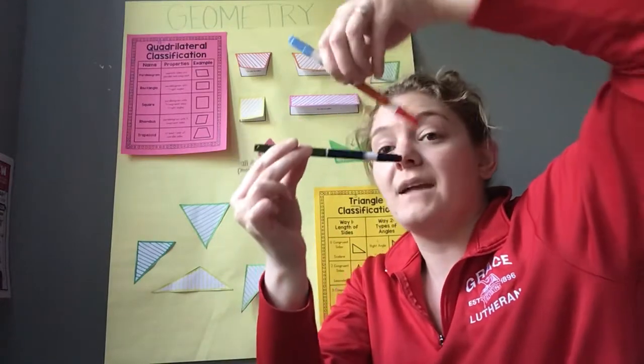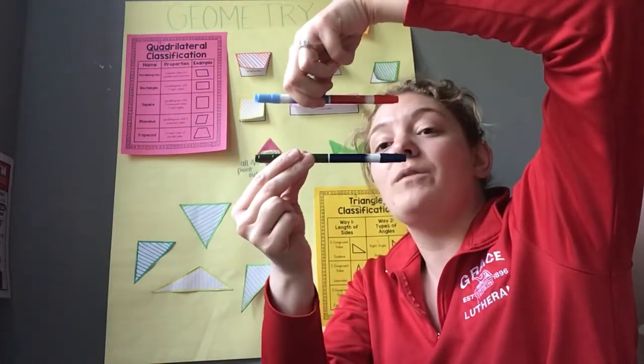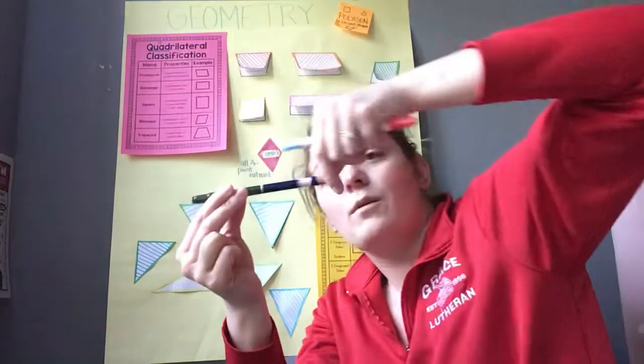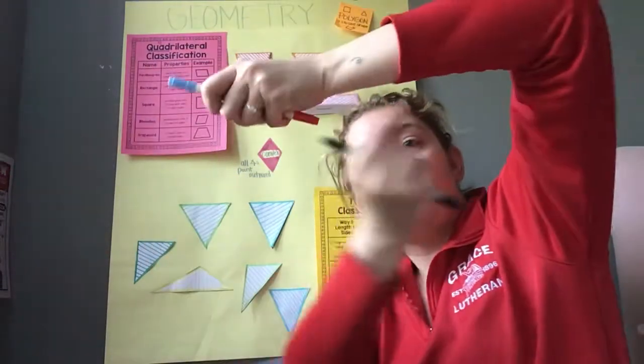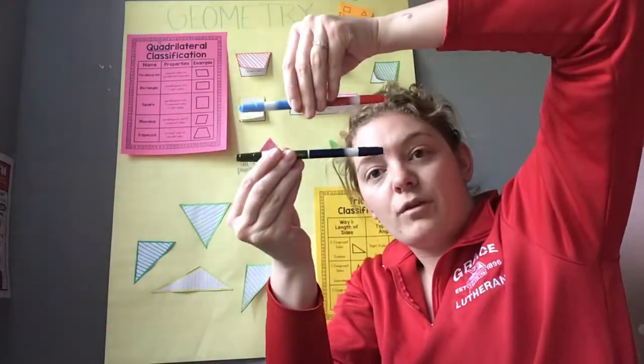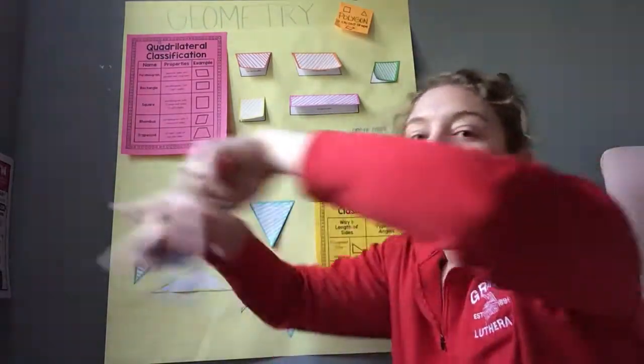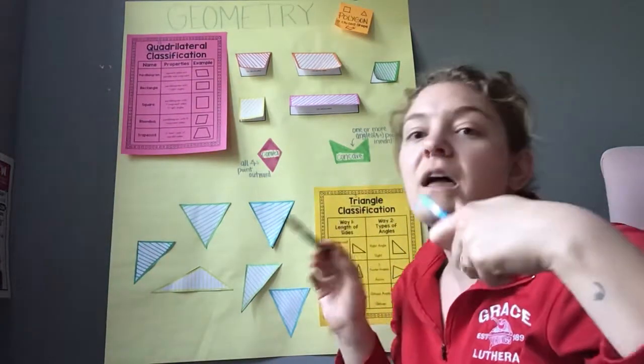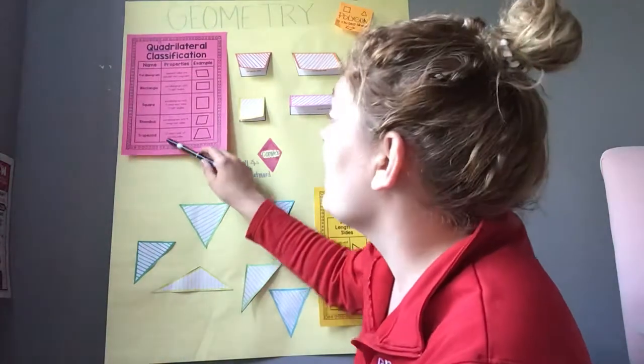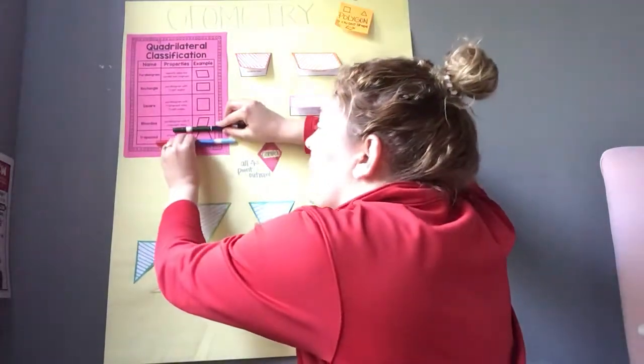Those are congruent lines. Parallel means that they will never cross. If I kept this marker going this way and this way, and I kept this marker going this way and this way, they would never cross. Parallel, right? Train tracks are parallel. The two metal lines on a train track are parallel. They'll never cross, or the train won't work, right? So a trapezoid has two parallel lines.